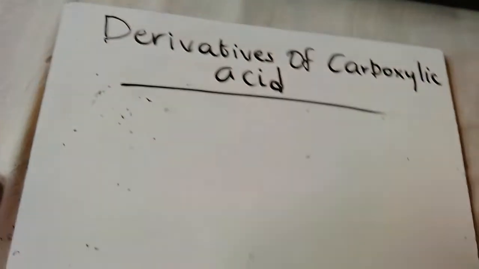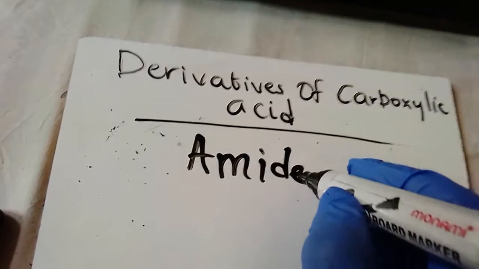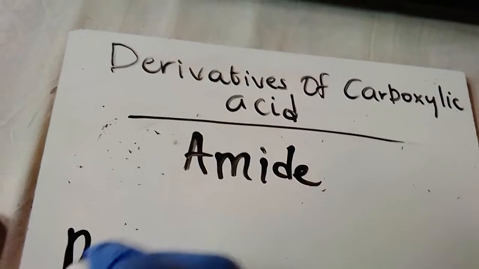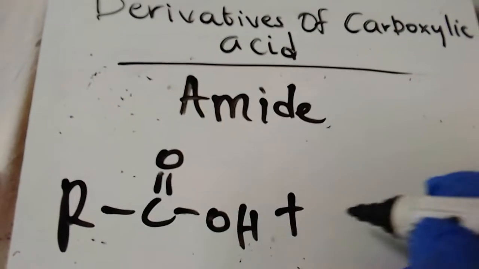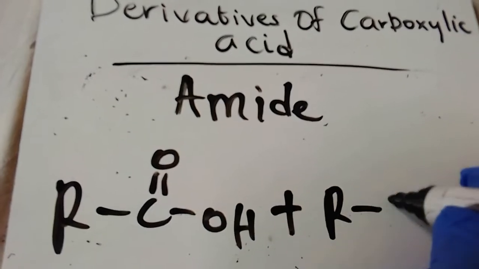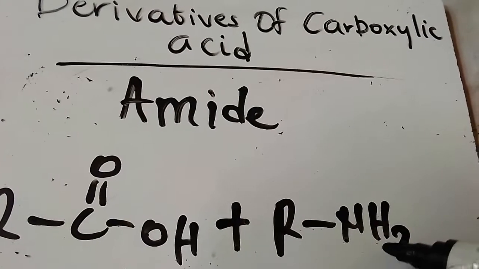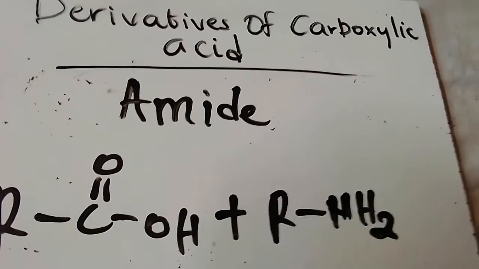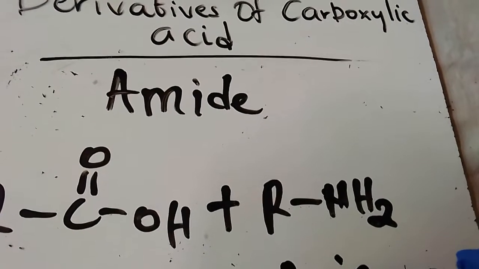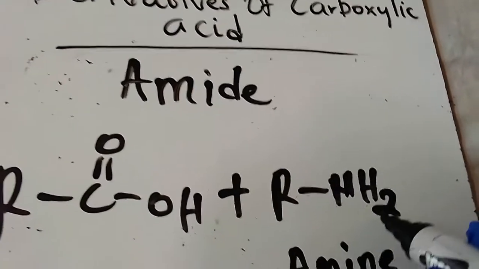The next derivative is going to be an amide. If you have carboxylic acid and you react it with an amine, this is an amine, we are going to produce an amide.